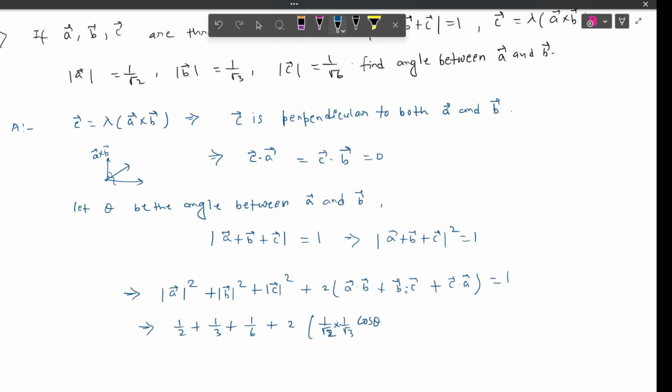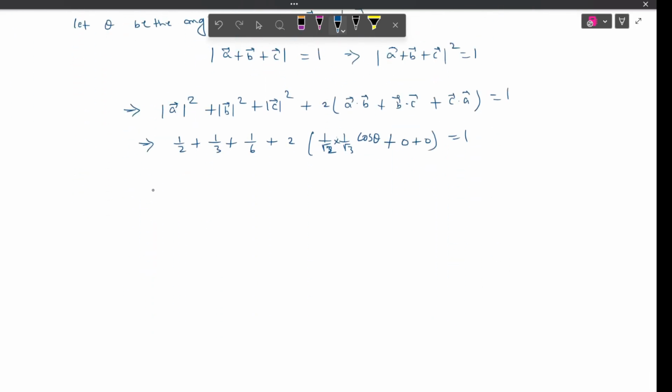B dot C is mod B mod C cos theta, but B dot C is 0. C dot A is 0. So both of the components are 0. So from this, 1 by 6 plus 1 by 3 plus 1 by 2 will constitute 1. This whole term will go to the other side, it will be 0, so cos theta is 0. So that means theta is pi by 2. So angle between A and B is pi by 2.